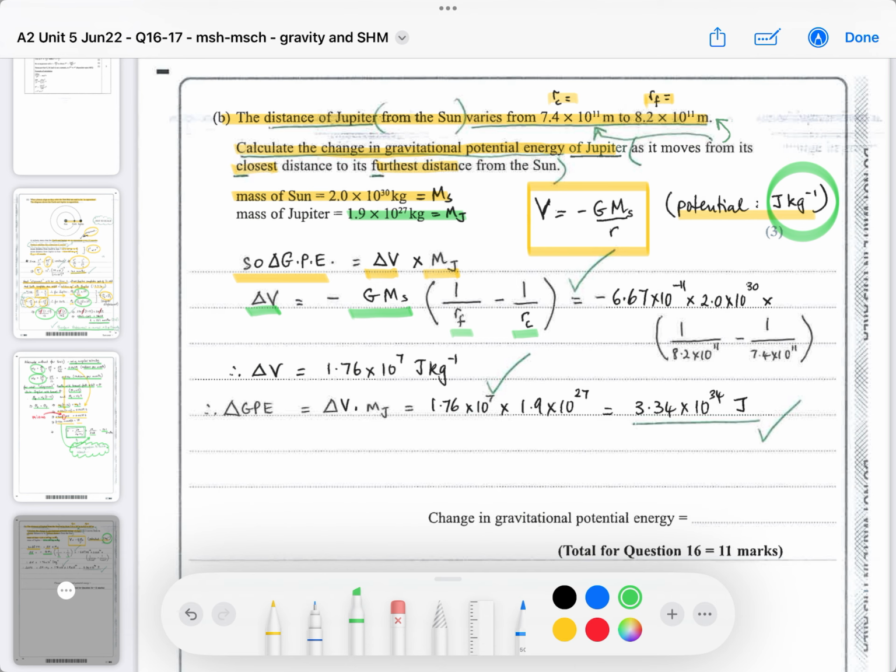Furthest, 1 over furthest radius minus 1 over closest radius or distance is the correct way of putting it in the equation. And you'll notice that here we have a minus sign, and here we got a minus sign. So it's going to become a plus there, and then this will become a minus when you simplify it.